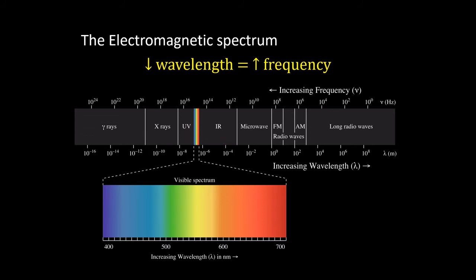So if memory serves, it was microwave, visible, and X-rays, I believe, were the three things we were going to list. And so if we look at the wavelength, wavelength increases as you go this direction. And so the thing with the longest wavelength out of those three would be microwaves. It has the highest wavelength. Visible light would be next, and then X-rays.